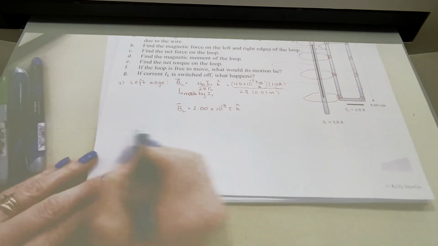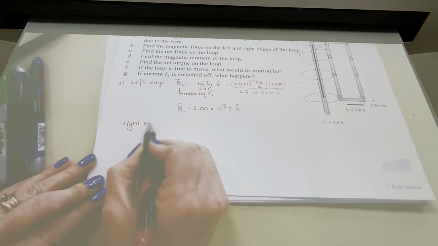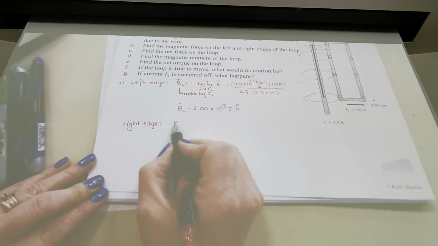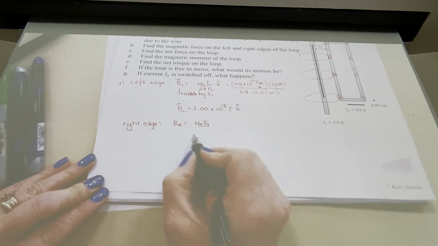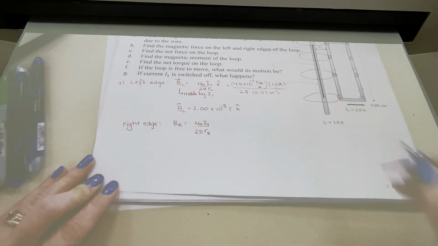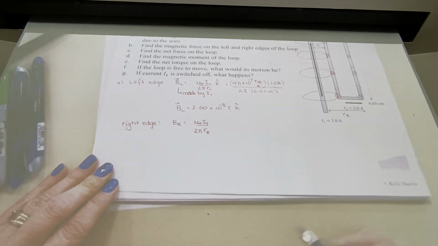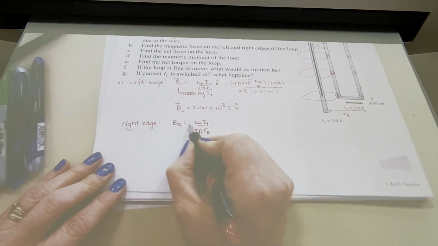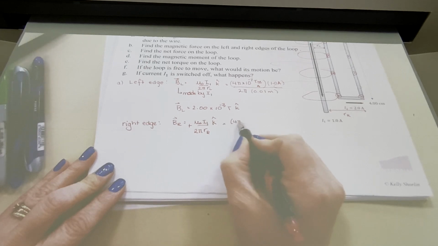So the magnetic field at the right edge, B on the right, is mu naught times I1, remember I1 is the thing that's making the current, over 2 pi times the distance between the wire and the right edge, call that R with an R on it. That's out of the page, so the plus K direction. Put our numbers in.